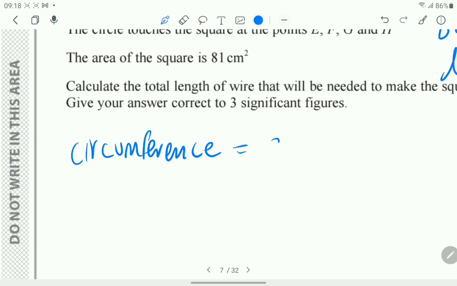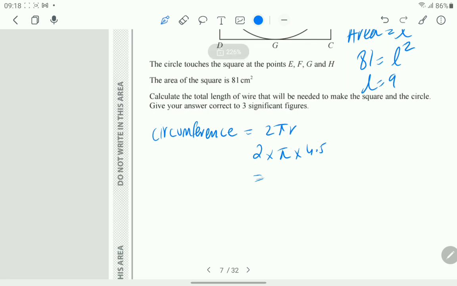So the circumference of circle is calculated using the formula 2 pi r, and since we have 2 pi 4.5, we get 28.27, and rounded to three significant figures, this is 28.3.